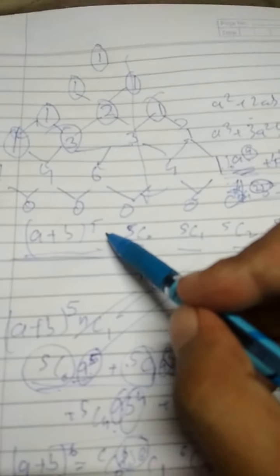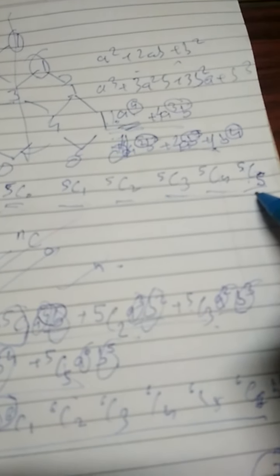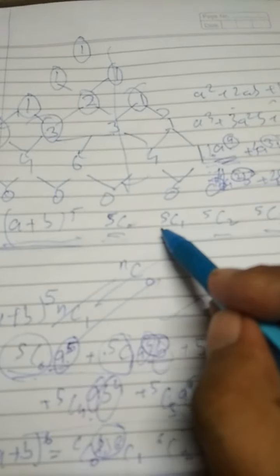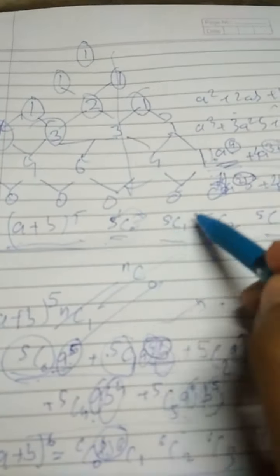If we have the power 5, then 5C0, 5C1, 5C2, 5C3, 5C4, 5C5 will be the coefficients. And for the a and b part, we keep on decreasing the power of a by 1 and we keep on increasing the power of b by 1. And the sum of those powers will be 5.